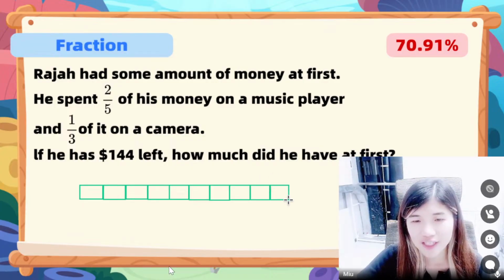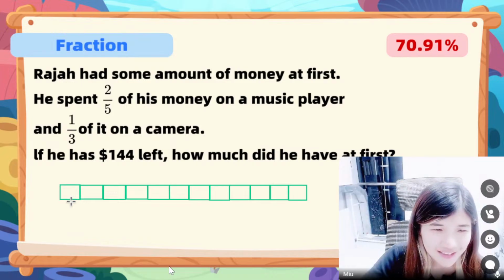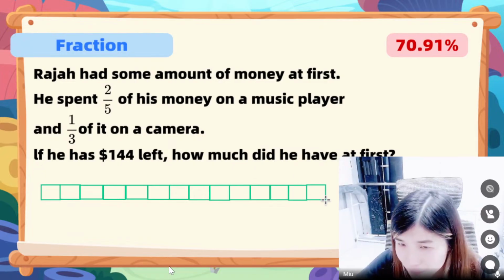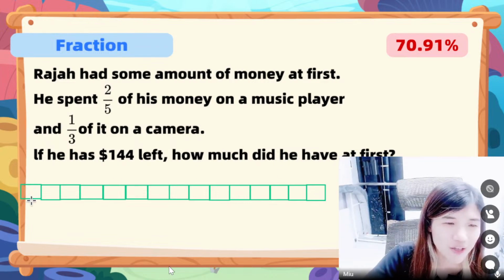Let me finish that. 11, and 12, 13, 14, and where can I put them? And 15. Finally. 15 equal parts of his money.